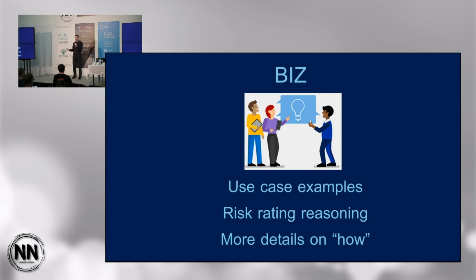Add risk rating reasoning. So why is critical critical? Because business folks really love to talk and really love to understand why critical is so critical. So add it for them and keep more details in the report on how you did it, which tools did you use, so that they can brag about it in their chats with customers.